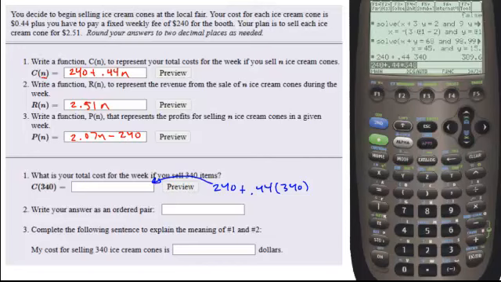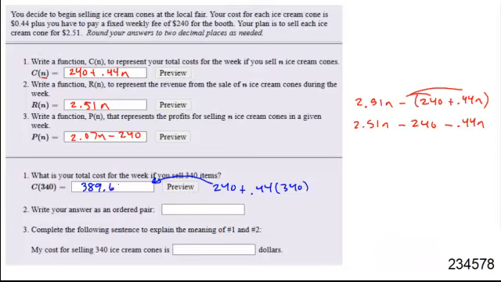Okay, so I get 389.60. Okay, and the ordered pair would be 340 for my input, which corresponds to an output of 389.60. Okay, so my cost for selling 340 ice cream cones is going to be this amount.